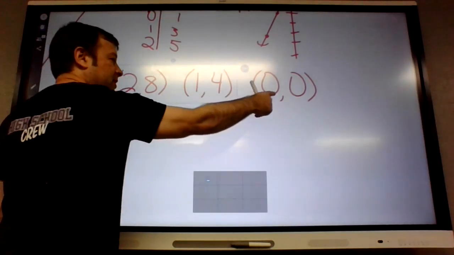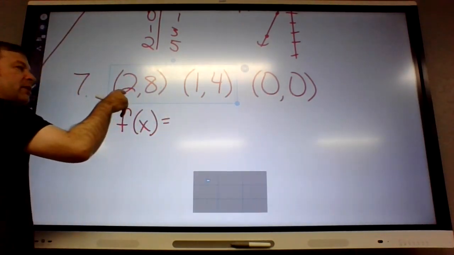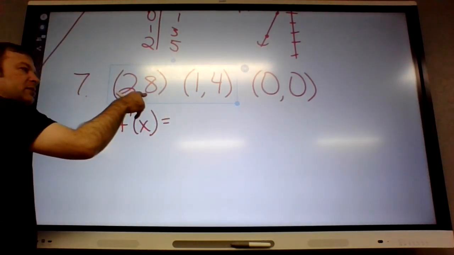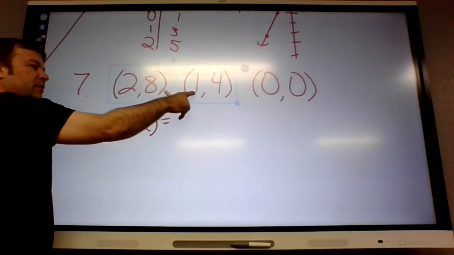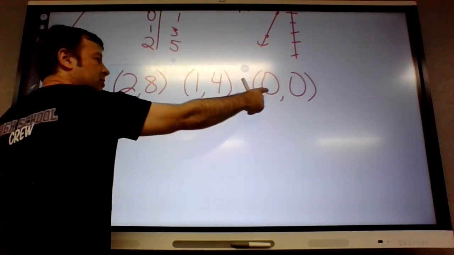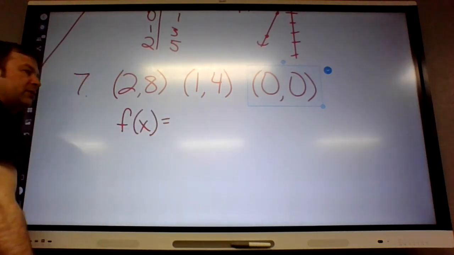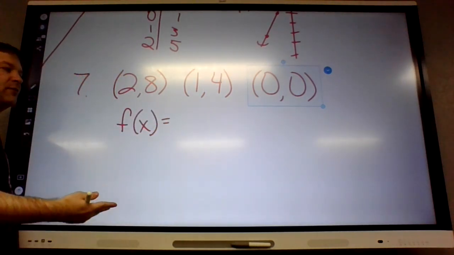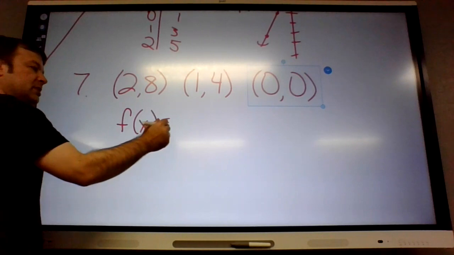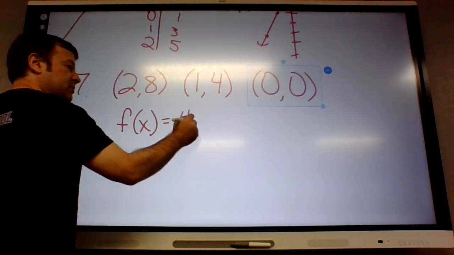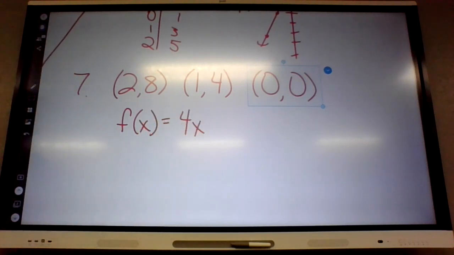No. Or over here? No. What's another way to go from 2 to 8? Multiply by 4. Does that work for this one? Yes. And this one? Yes. So they must be multiplying the x values by 4 to get the y values. So it's just equal to 4 times x.